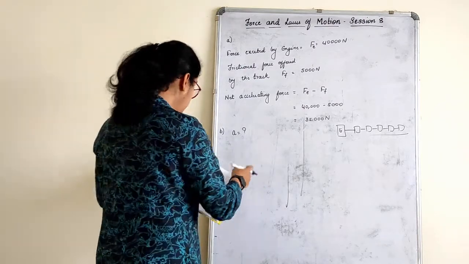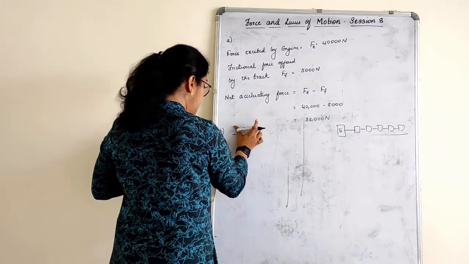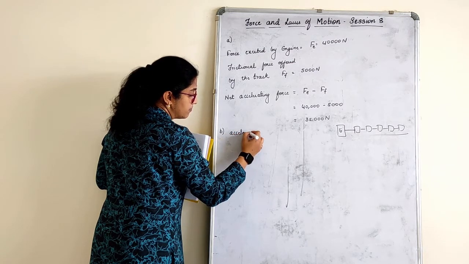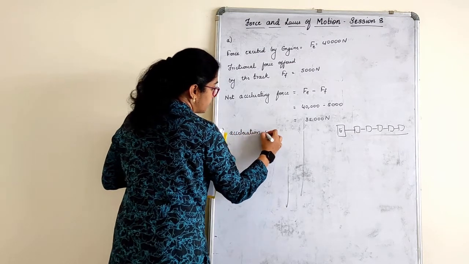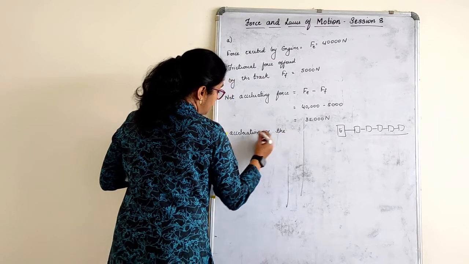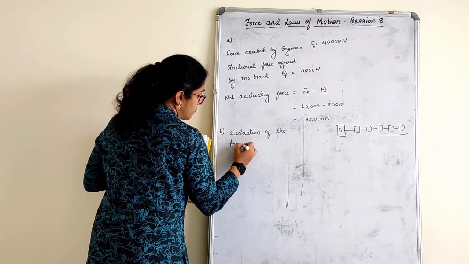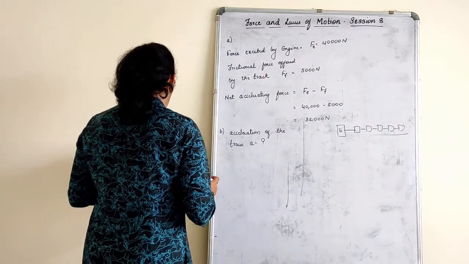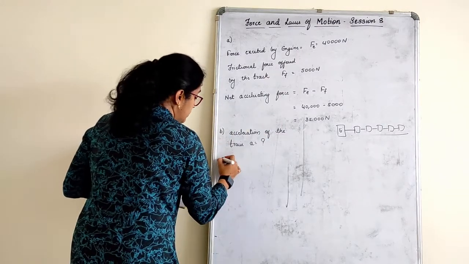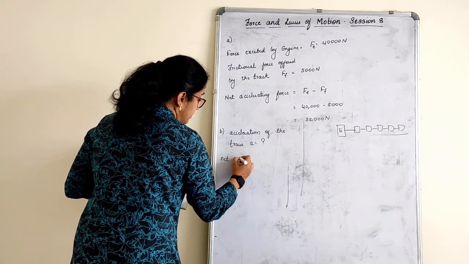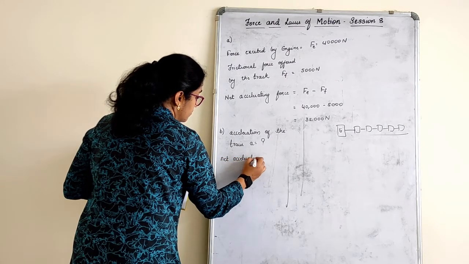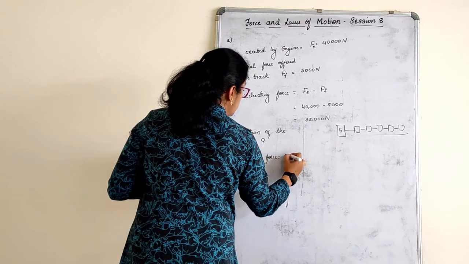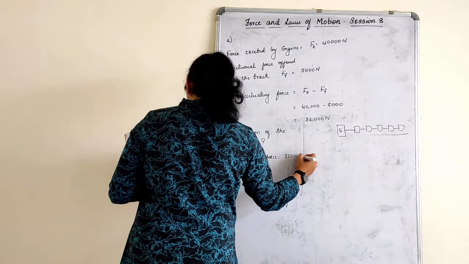Let's do that. So we have the acceleration of the train. Let us write. Acceleration of the train, a is equal to question mark. Next, net accelerating force is equal to 35,000 Newton.